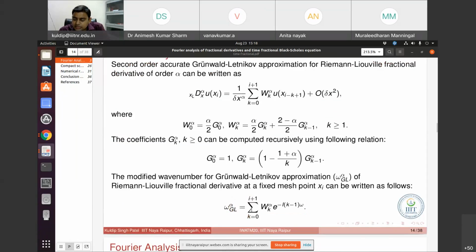You take the Fourier mode, u equals u hat e to the power ikx, and put it here. For each alpha, it is in terms of alpha weight functions only, and e to the power i alpha is coming from the Fourier transform. So you can calculate the modified wave number for the Grunwald-Letnikov approximation.